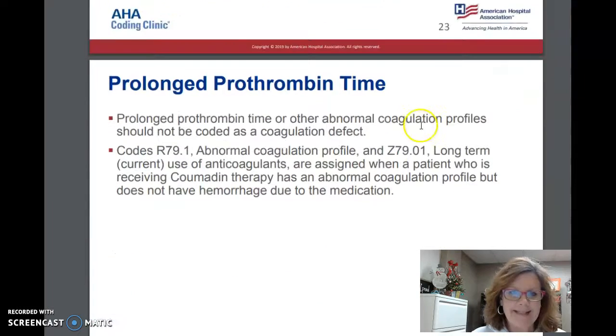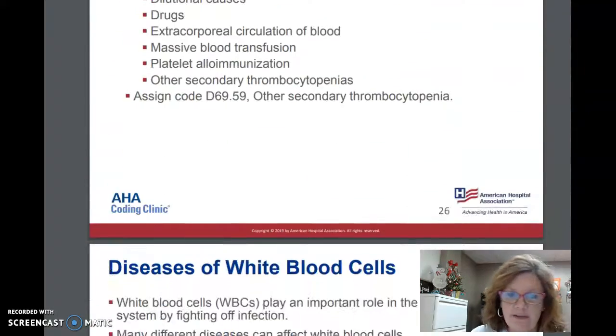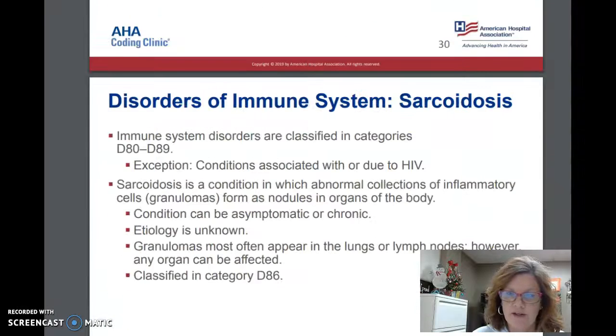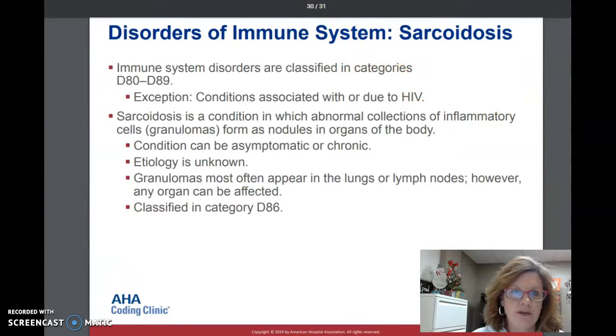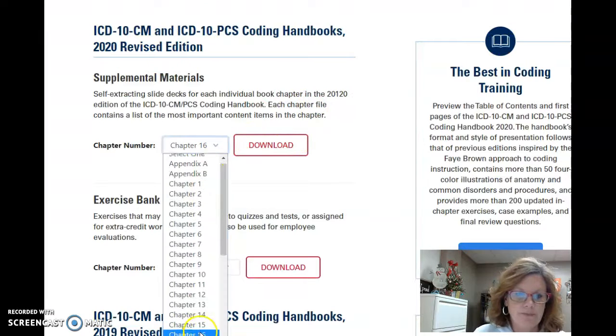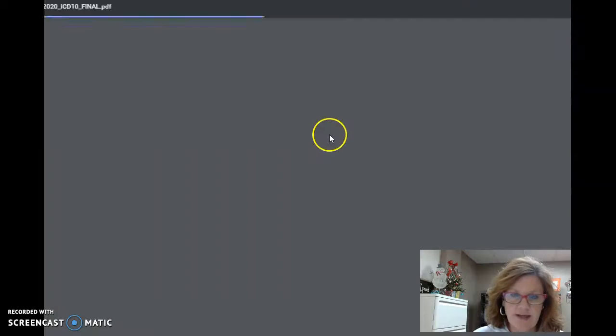Like I said, we have ProTimes, and there's my Z code for long-term use of anticoagulants. There isn't anything out of the ordinary for this section. That's why I'm going to group it with our next section here, the nervous system. And we're going to go ahead and start that.